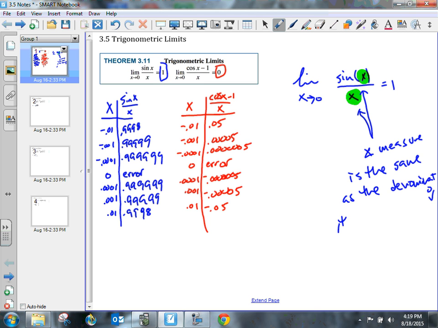then the limit will always equal 1. In this scenario, it will always be 1. That's something I want to make sure you guys see. We'll do some examples on this.